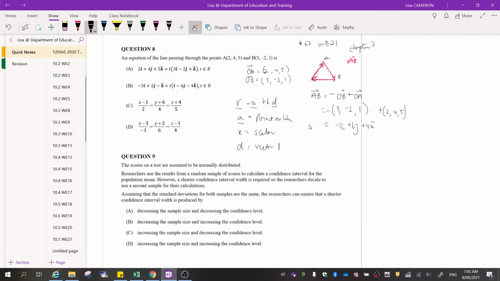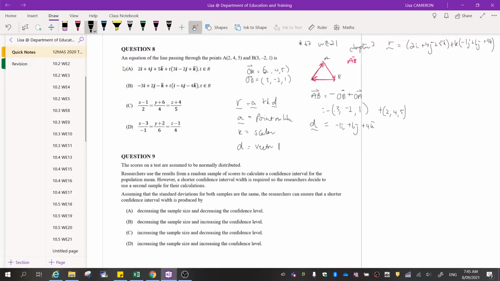Now this makes up d, a vector that's parallel to the line. I'm going to do a bit of trial and error to figure out which option works, starting with A. So our vector equation r is equal to 2i plus 4j plus 5k, which so far matches that one, looking good, plus k times (-1i plus 6j plus 4k).